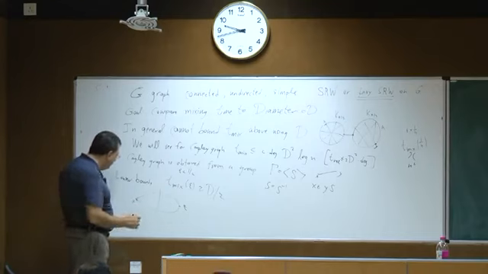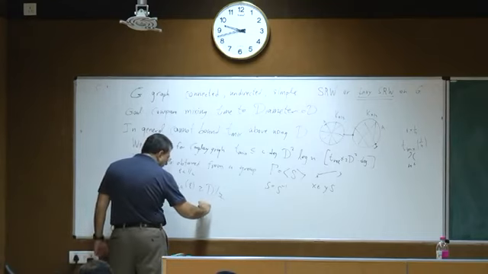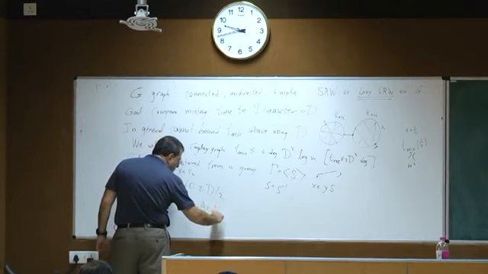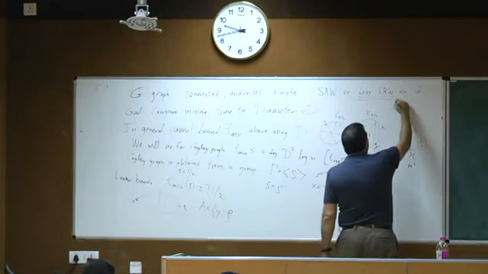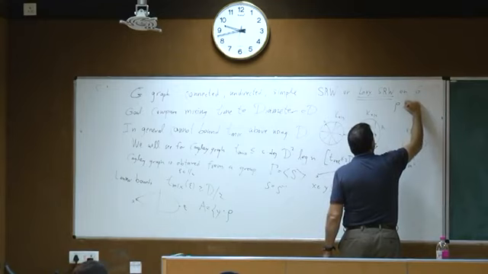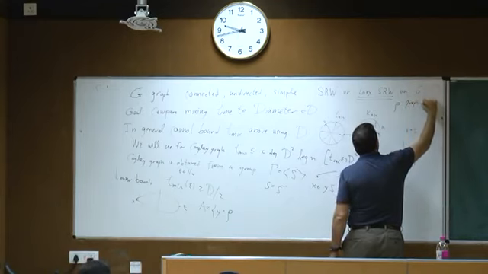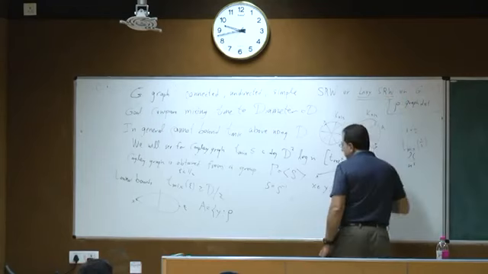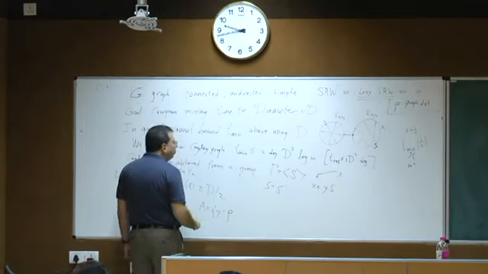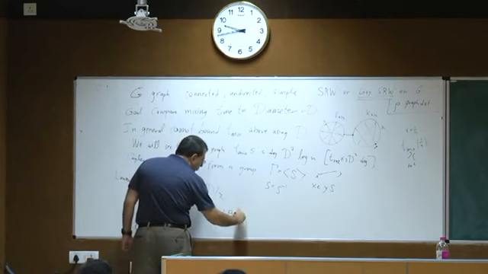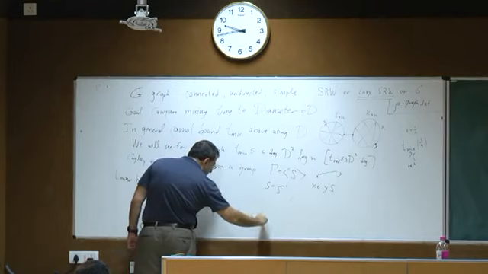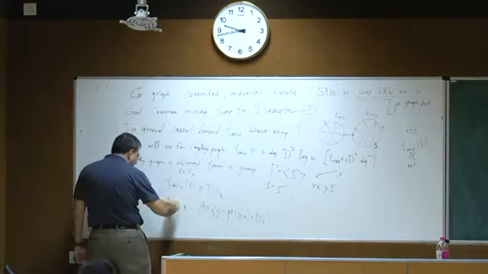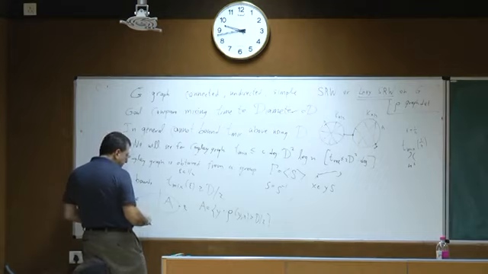So if I define this set A, which are the points y so that the distance, let me call the distance rho, the graph distance. So if I look at the set A, which are points y so that the distance from y to x is at least d over 2, these are points at distance at least d over 2.